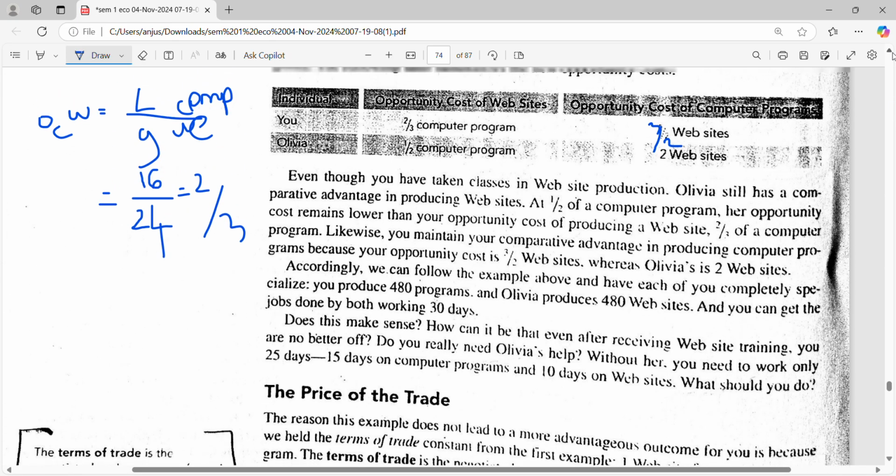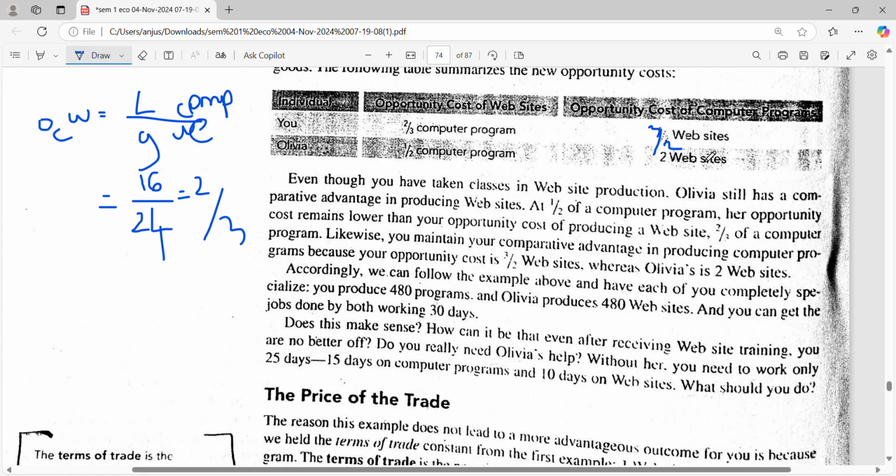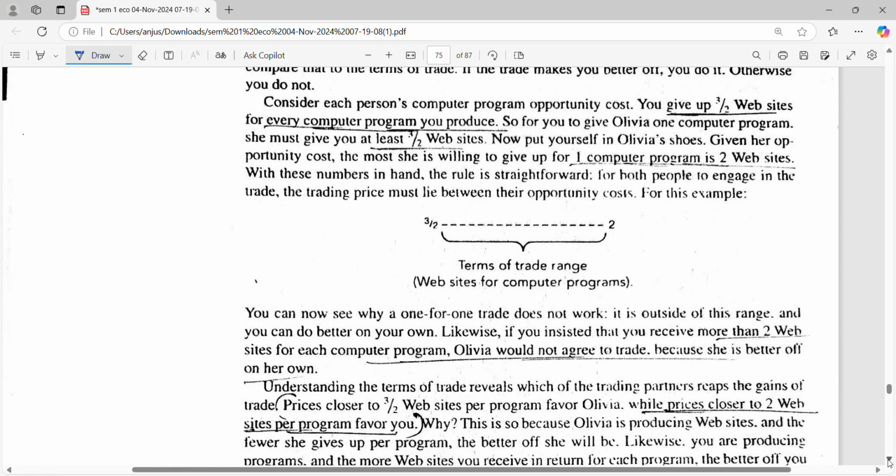Let's take an example, but you have no other example here, so let's move with this example itself.